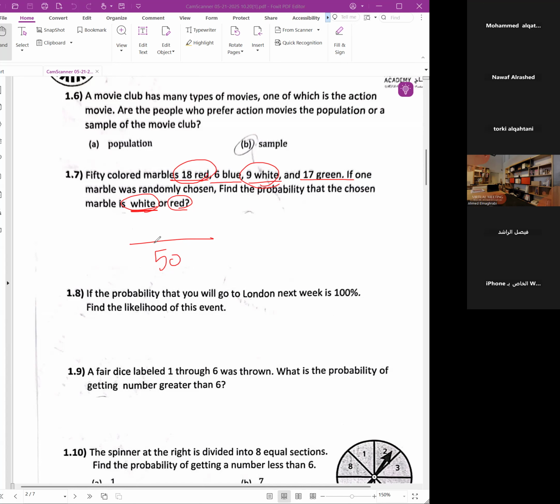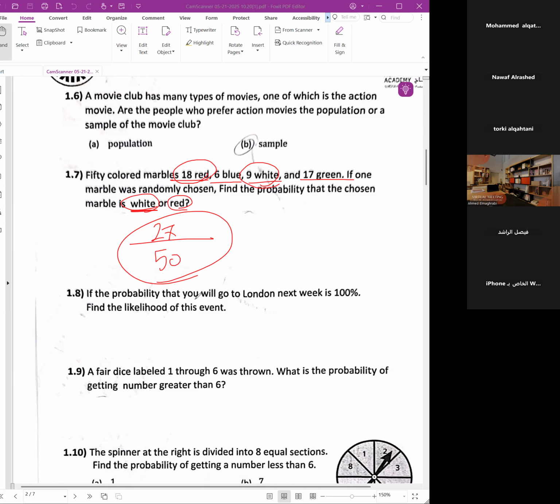So red or white means add the red and white. 18 plus 9 is 27. Excellent. So 27 over 50, okay?